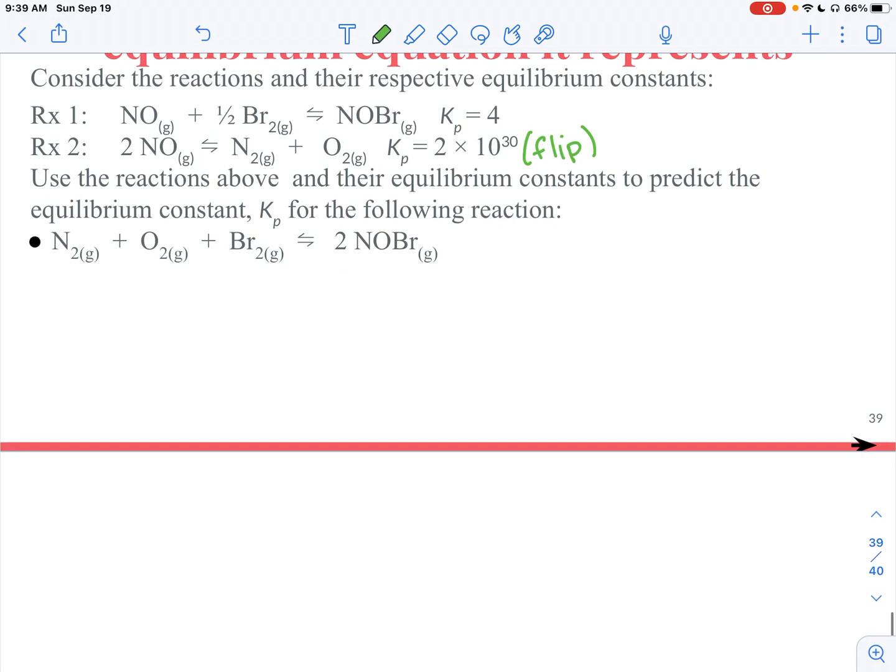I'm going to write my new reaction down here because I don't have a lot of room up there. So when I flip it, I end up with N2 plus O2 gives me 2NO.